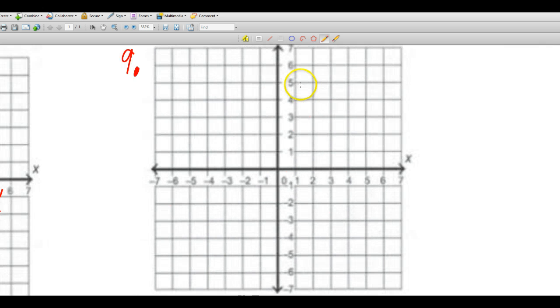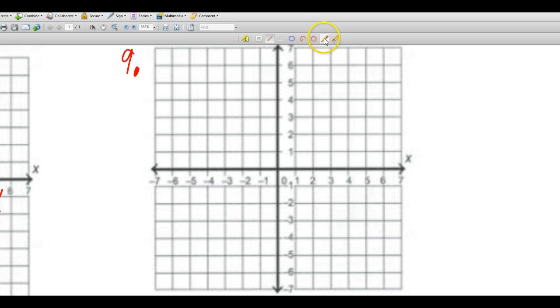For number 9, we want to reflect our quadrilateral JKLM in the line y equals x. So the line y equals x would be the line right here. So we want to reflect through that line.